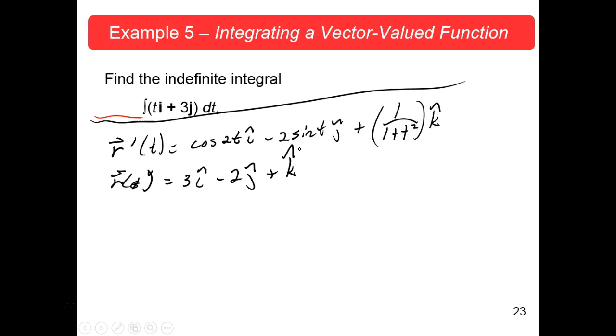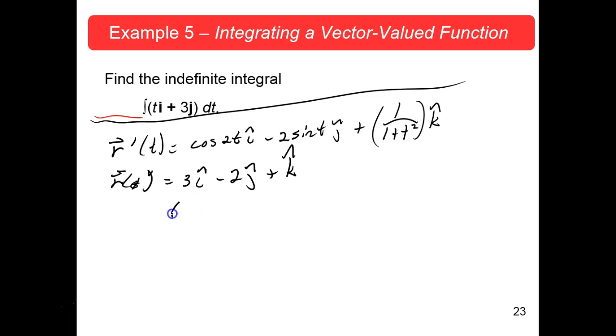All right. So it's looking for the antiderivative of that derivative function there. So we're looking for our r of t, which means we're taking an antiderivative of it.